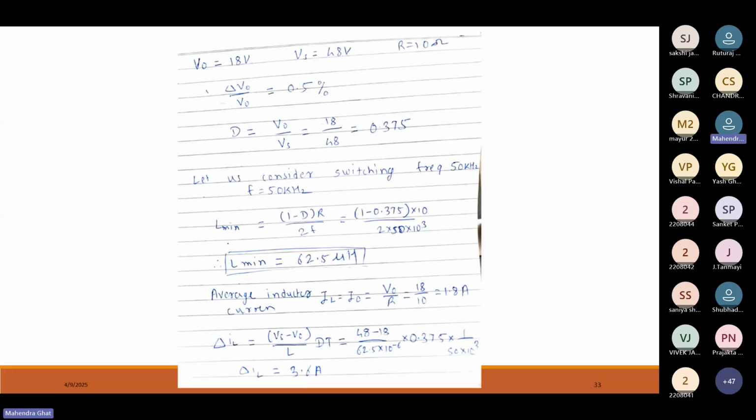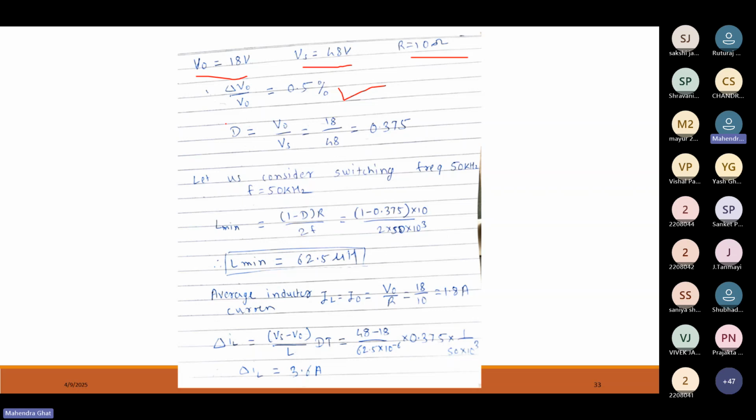So what is given? VO is 18 volt, VS is 48 volt, and R is 10 ohm. Also given is the required output voltage ripple ratio, delta VO by VO, which is equal to 0.5%. So this much data is given.